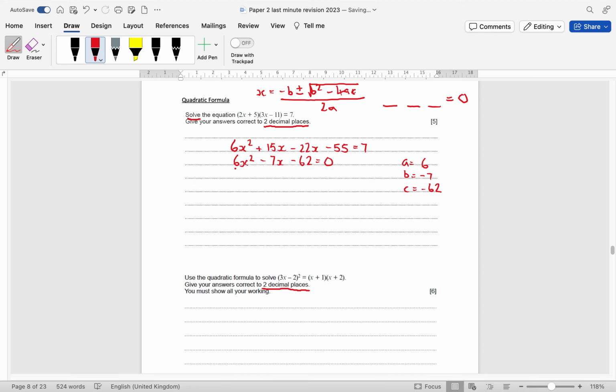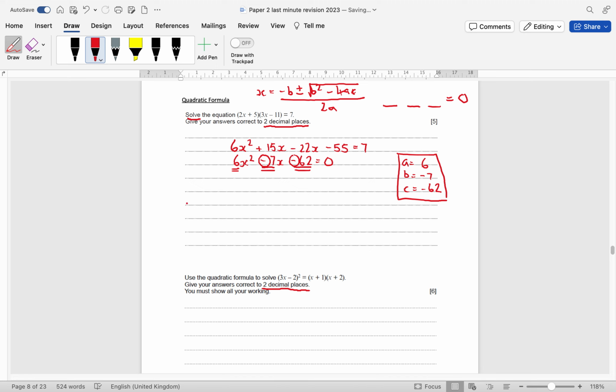Okay? A is the number there, B is the number before X, and C is the number at the end. Please, please, please do not forget these minuses. So I've written what A, B, and C are here. Right, guys, I think I will do this one, and then you can do this one. There's a lot of work in that one now.